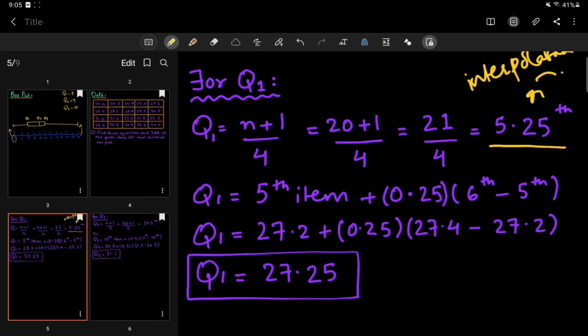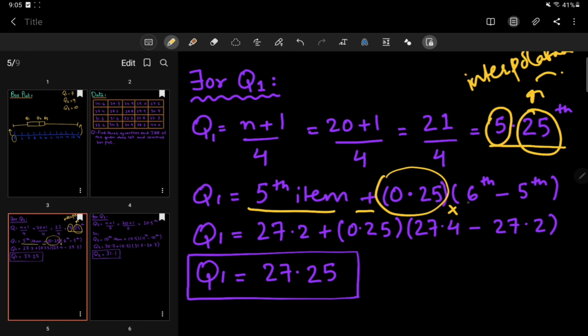It is written like this: 5 is the 5th item, so we have written it here with addition, plus this 0.25 multiplied by the 6th minus the 5th value. This is called interpolation.